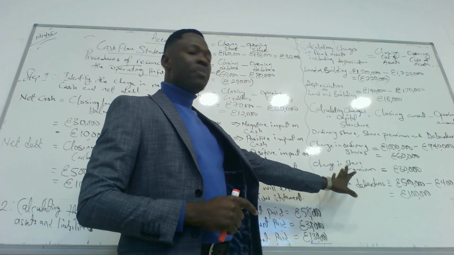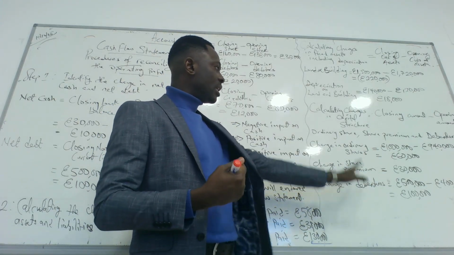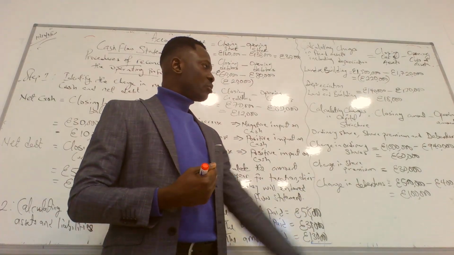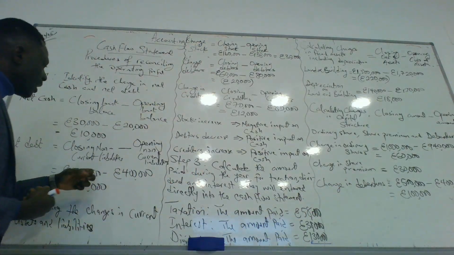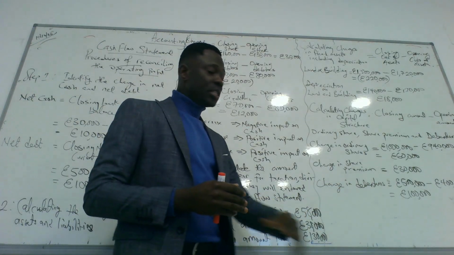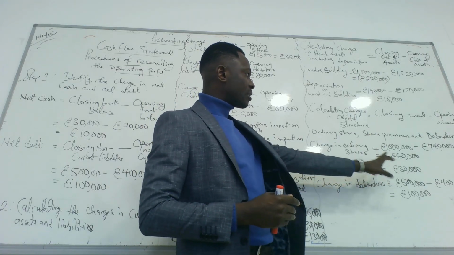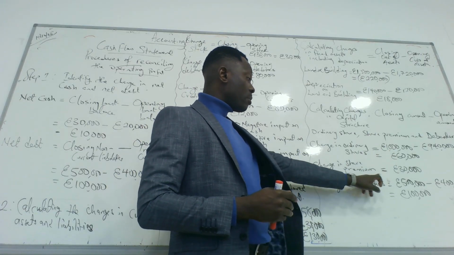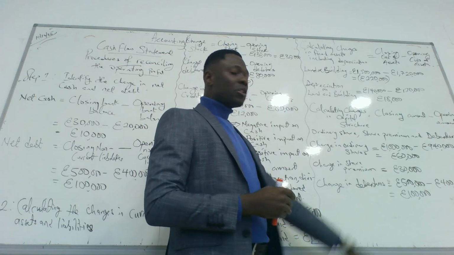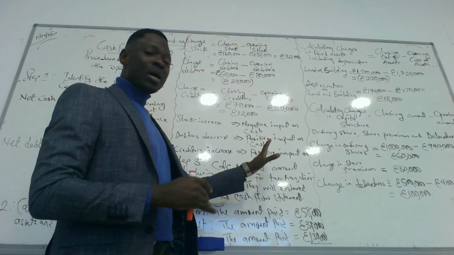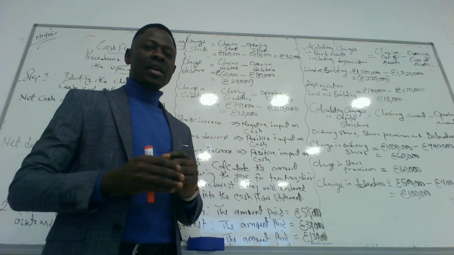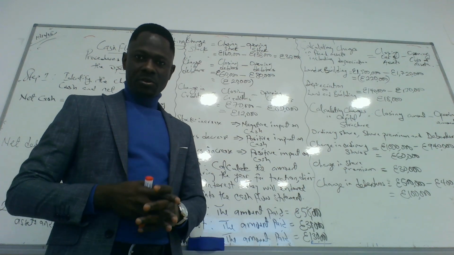Changes in share premium, which we didn't have previously, is 30,000. Changes in debentures, 500,000 the closing and 400,000 the opening, is 100,000. As soon as we are done, we will now prepare the statement of cash flow. Thank you.